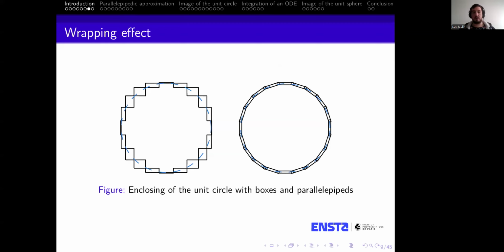Because in the end, what we want is to be able to characterize the inside and the outside of the set. And so the thinner the boundary, the easier it will be for us to determine this. And so here I displayed it in 2 dimensions, but in 3 dimensions, it's even more important.